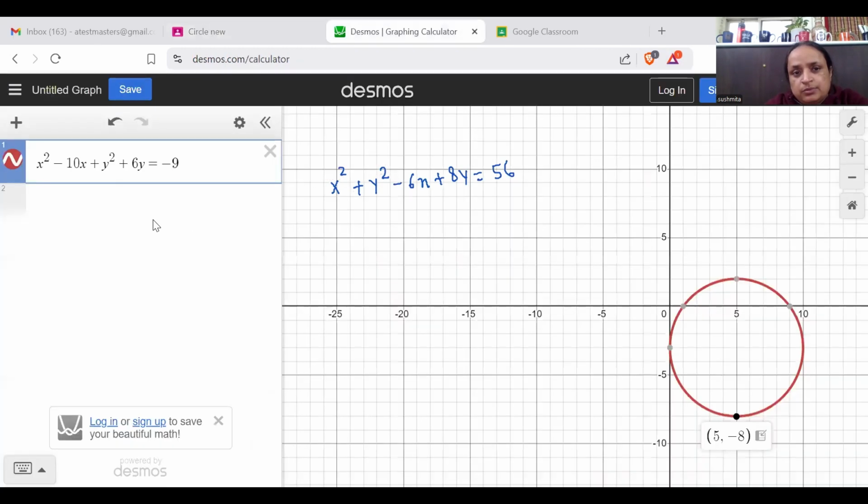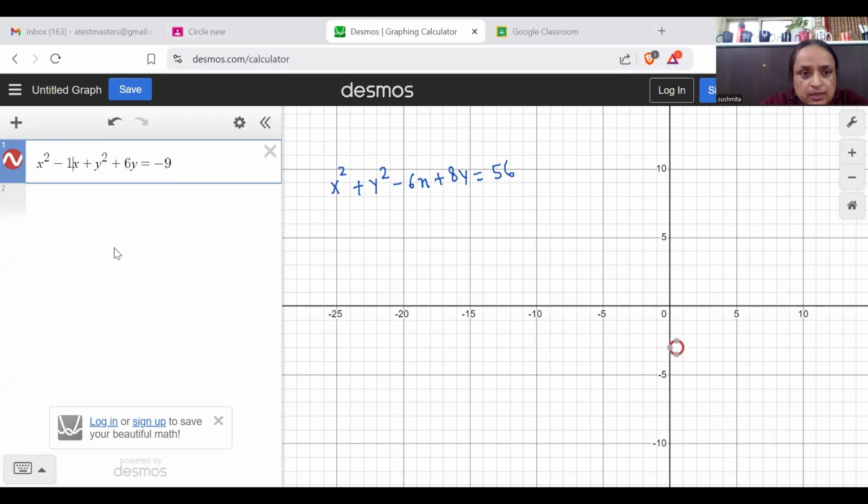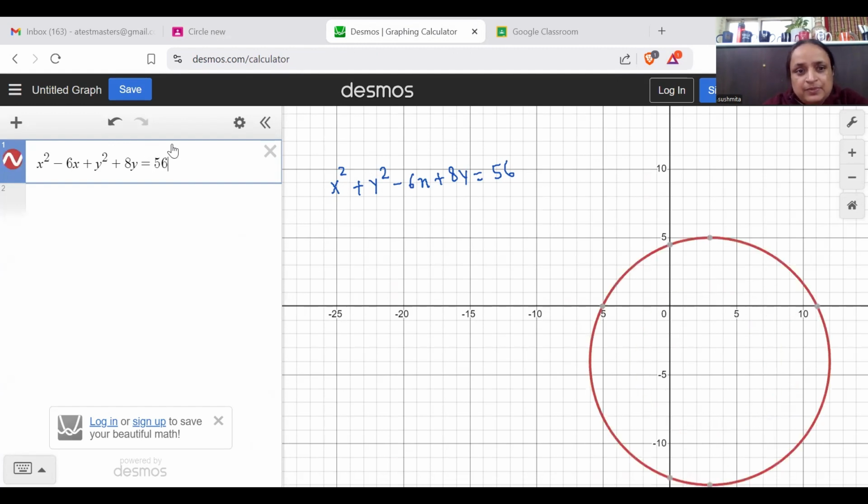We'll go to Desmos, x squared is there, y squared is there, we'll change it to minus 6, put 8 over here, and put 56.